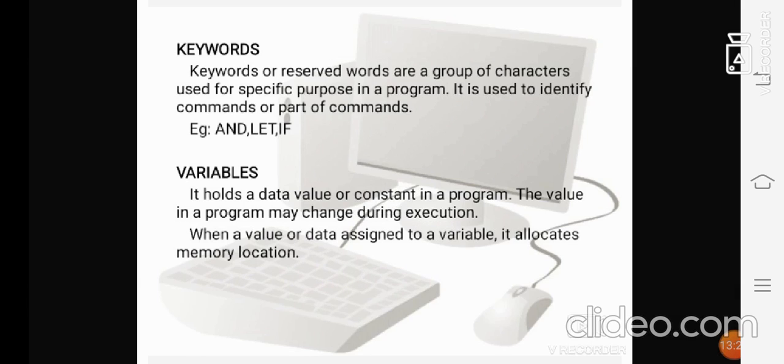Next we are going to discuss keywords. Keywords are reserved words, a group of characters used for some specific purpose in a program. They are used to identify commands or parts of commands. For example, REM, ABS, AND, IF, LET.